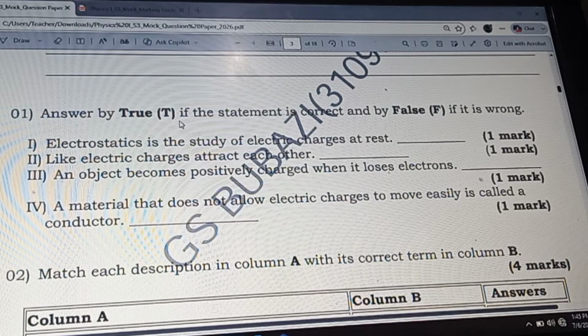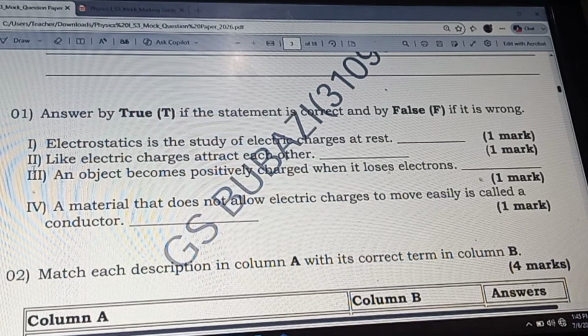Answer by true if the statement is correct and by false if it is wrong. I. Electrostatics is the study of electric charge at rest. Yes, this statement is true. This definition is correct. II. Like electric charges attract each other.